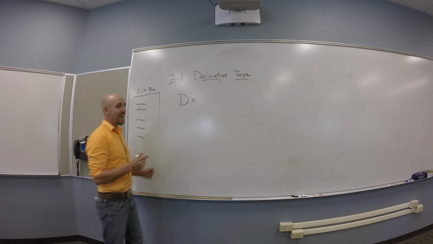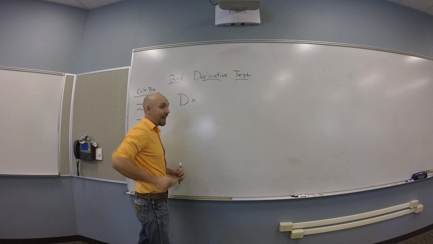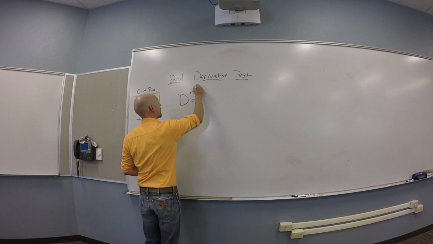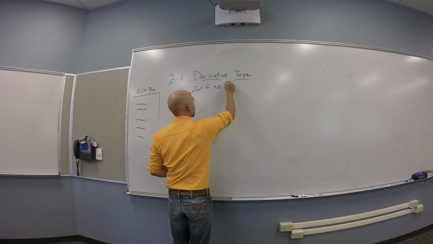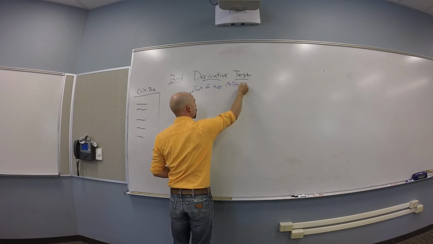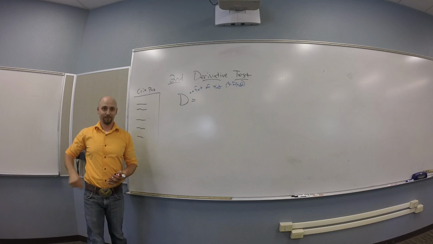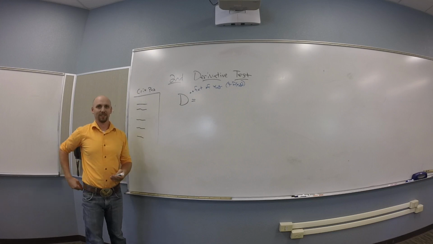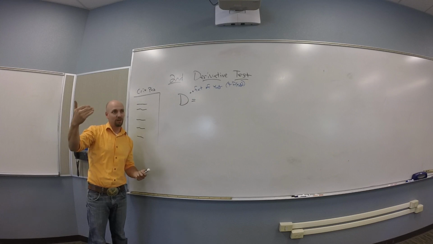So D is categorically a function of x and y depending on f, a function of the function f that you're calculating with. Does that make sense? In the same way, a derivative, like f prime, is a function of x that depends on what you were differentiating.